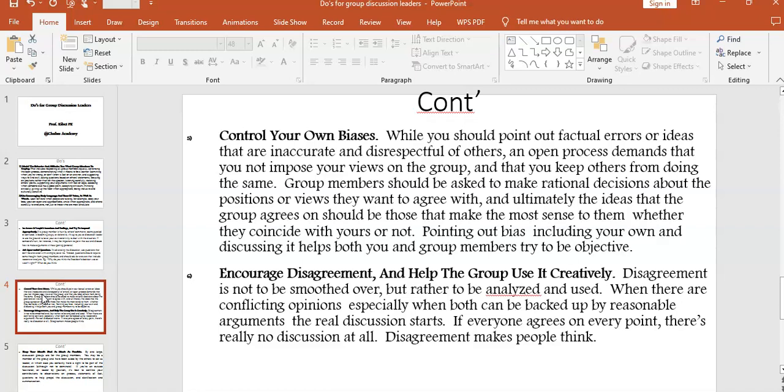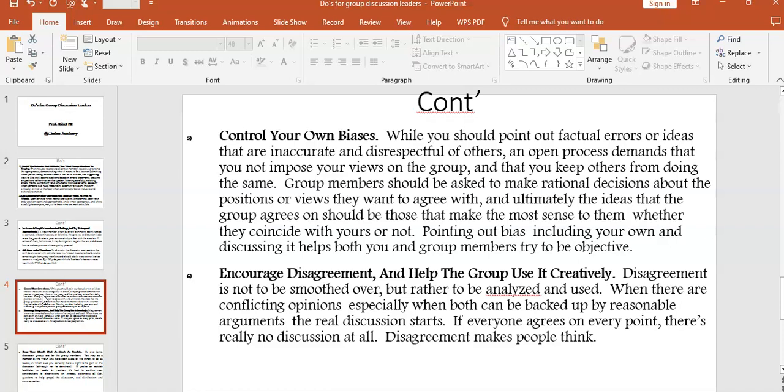Number 5, control your biases. While you should point out factual errors or ideas that are inaccurate and disrespectful of others, an open process demands that you not impose your views on the group and that you keep others from doing the same.